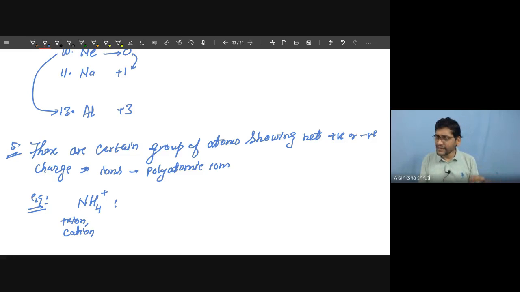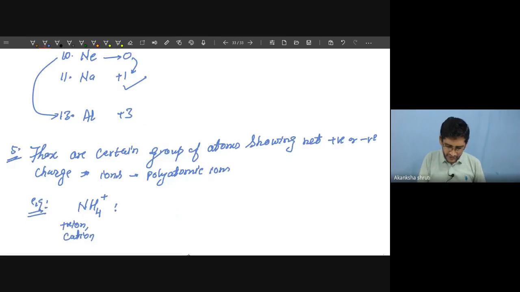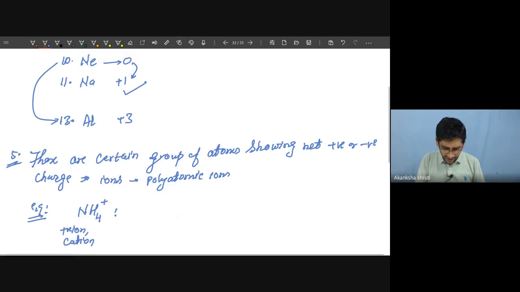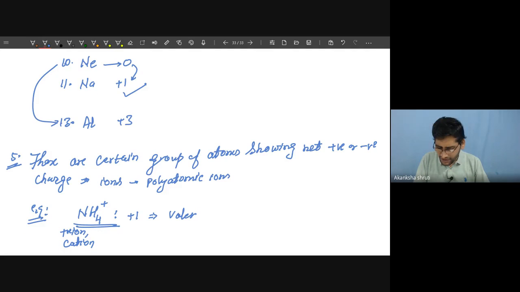So this cation may be of 1 atom only, like the sodium we have taken here, or maybe of more than 1 atom. Here also, how much charge is carried by this group of atoms? +1 unit. So this implies that for this polyatomic ion the valency is also plus 1.